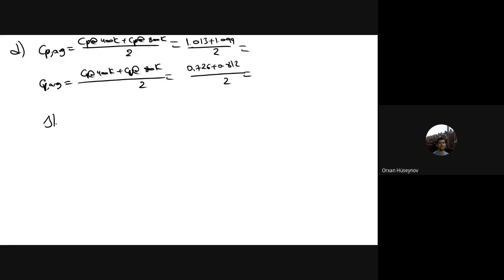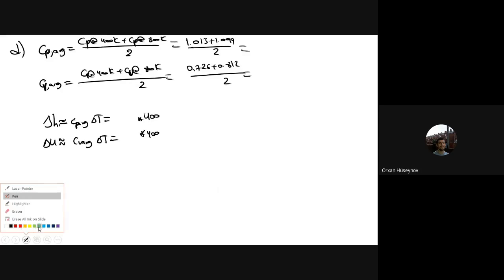So therefore, delta H will be approximately Cp average times delta T, and delta U will be approximately Cv average times delta T. These are approximate, not exact. Now you can tell me the values. Multiply this one by 400, and that one by 400. You can do all of the calculations, and let's write the final result and finish this example.